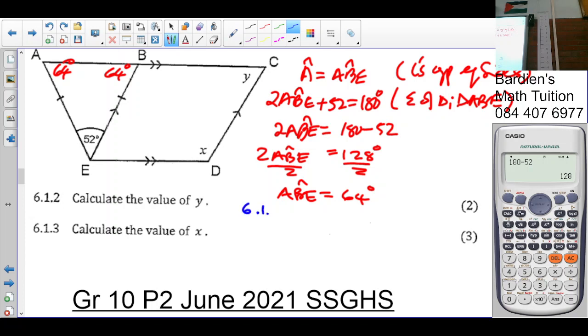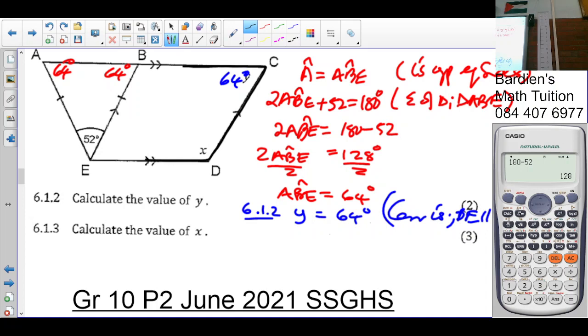Right, 6.1.2, so y is equal to 64 degrees. Why? With BE being parallel to CD, alternate angles. Then calculate the value of x. You can go with co-interior angles.